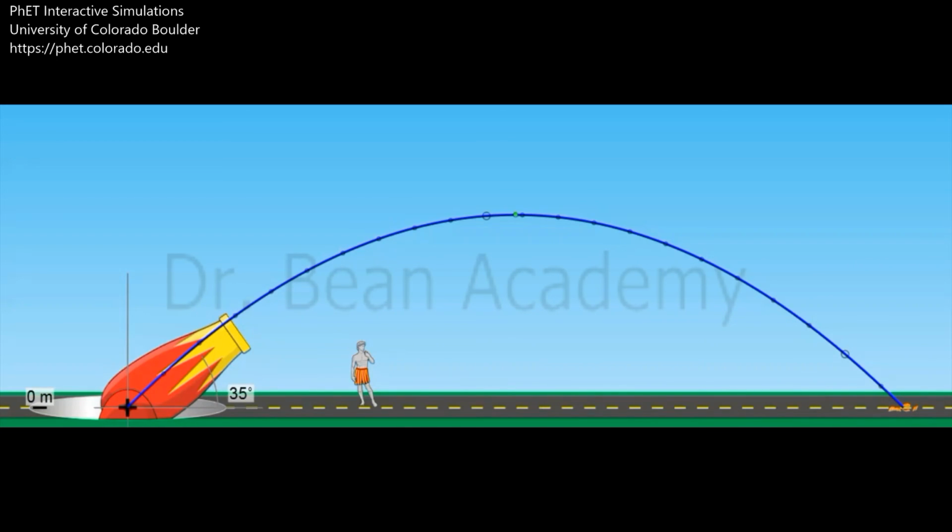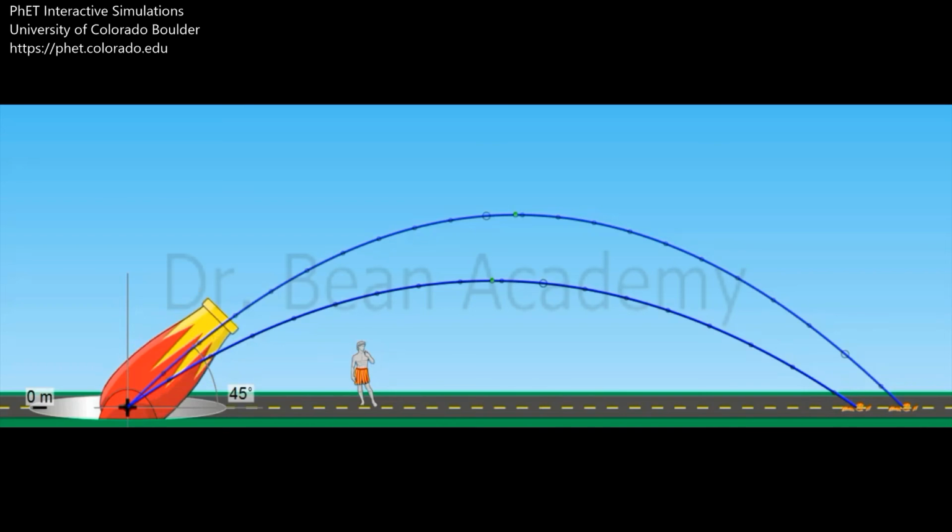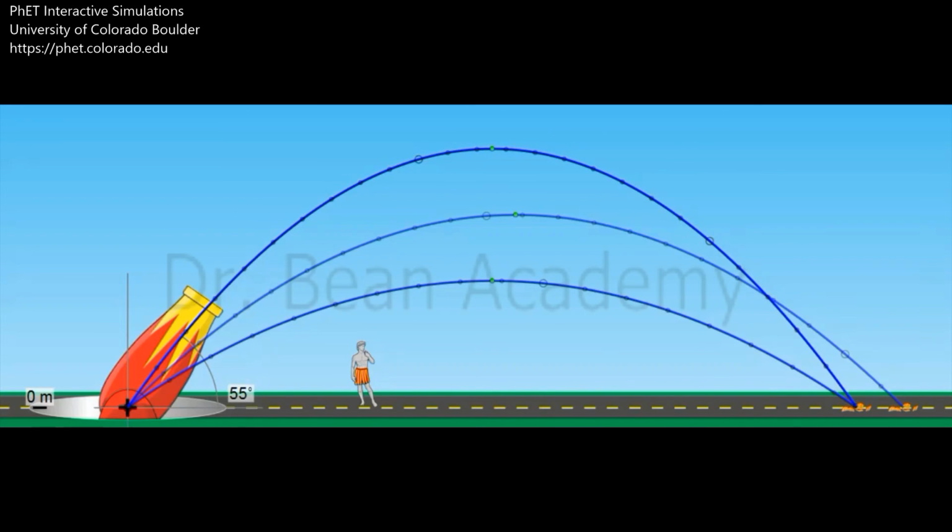So I fire a cannonball at 35 degrees and it has hit the ground at this place. Now I will increase the angle by 10 degrees from 45 degrees. So 45 plus 10 is 55. And I fire the cannon and let's see if the cannonball hits at the same place. Yes, it has landed at the same place. So it means we have proved it rightly.